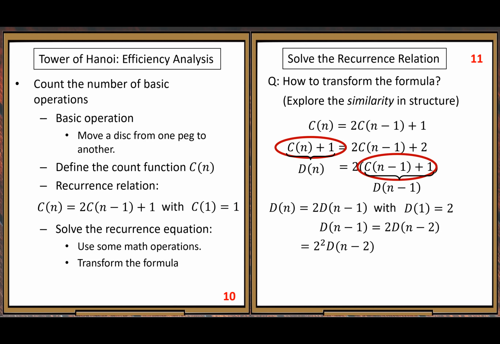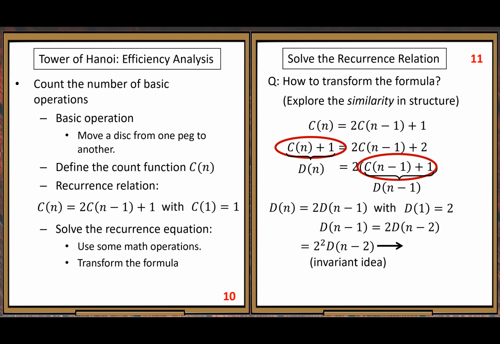You replace D of n minus 1 by 2 times D of n minus 2, so you have 2 times 2, 2 squared, times D of n minus 2. And so on. You can keep doing that, but how do we keep track of everything in the middle?